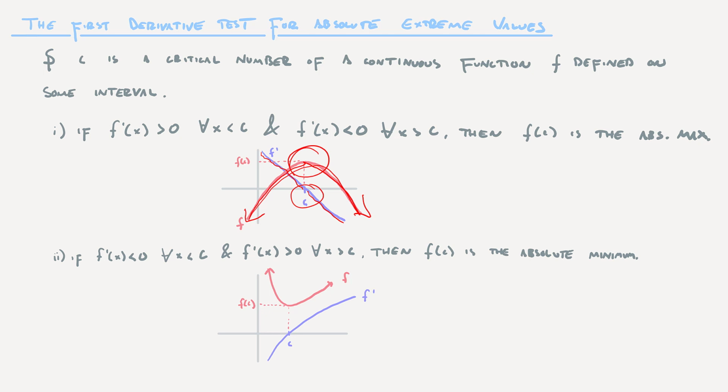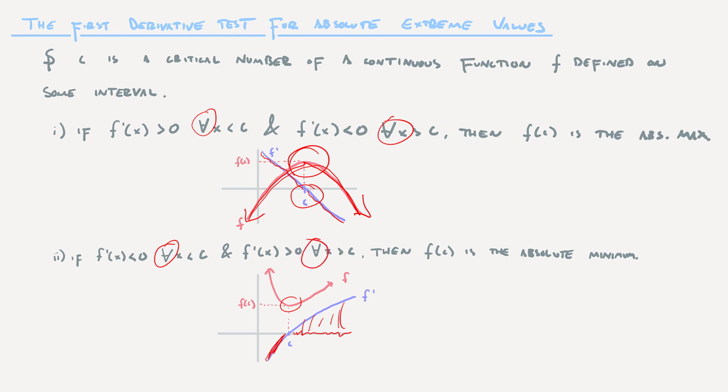And the same thing can actually be said for the minimum. It says if your derivative is negative for everything before c, so it's all negative before c, then it's positive for everything after c, so all these x values give us positive y values, then f of c is the minimum in that case. By the way, if you're wondering about all of these upside down capital A's, I don't know if I've actually said this in any of the videos.